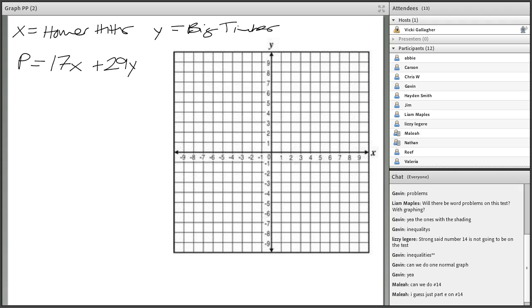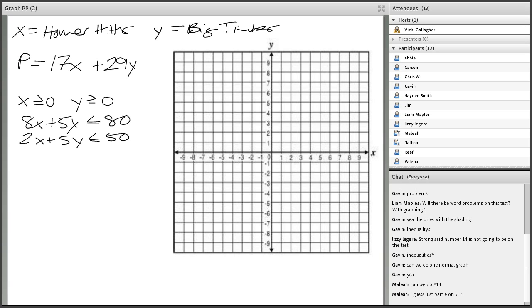For letter C, we have to write down the part where this can only be in the first quadrant, which is x is greater than or equal to 0 and y is greater than or equal to 0. Then we have a couple other inequalities. The 0 inequalities will always be greater than, because you want positive numbers.